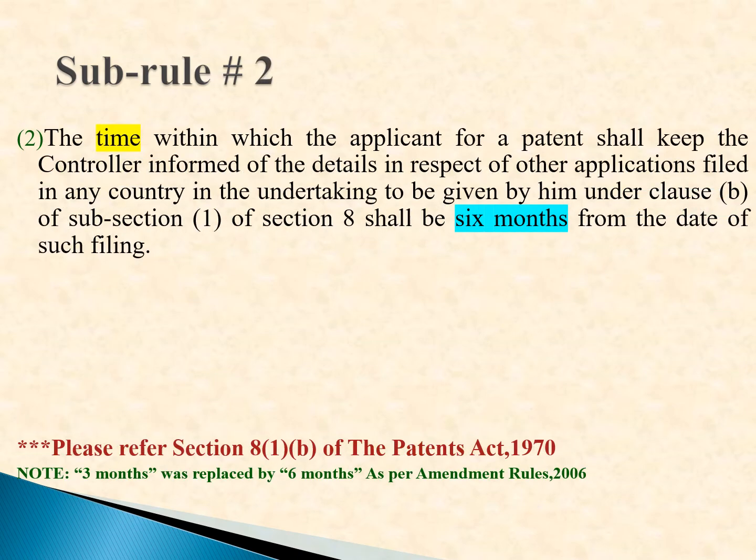Now comes subrule 2. This says the time within which the applicant for a patent shall keep the controller informed of the details in respect of other applications filed in any country in the undertaking to be given by him under clause B of subsection 1 of section 8 shall be 6 months from the date of such filing.